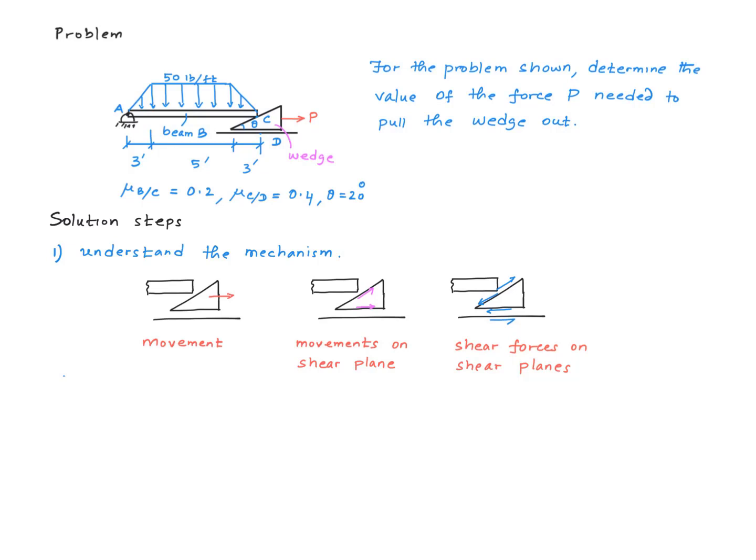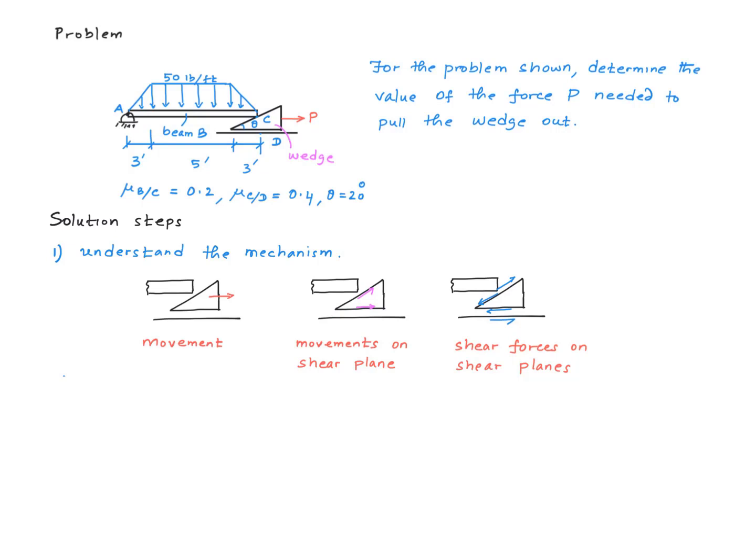And it's easily seen that this arrow indicates the direction of the movement of a point on the wedge in that direction, right? And similarly, this is the direction of the movement of a point on the wedge along this plane.